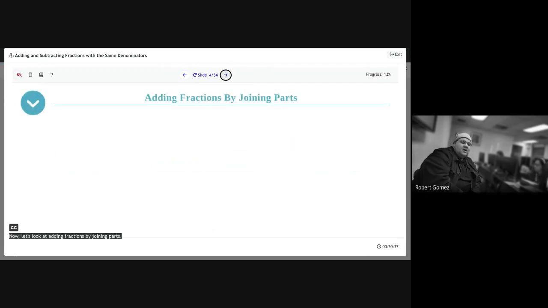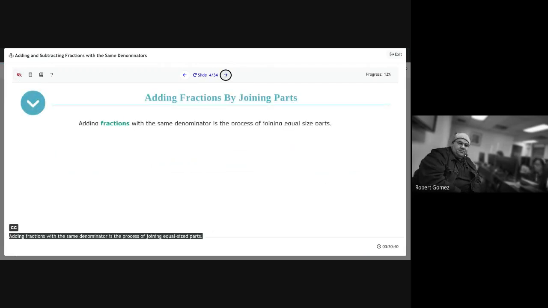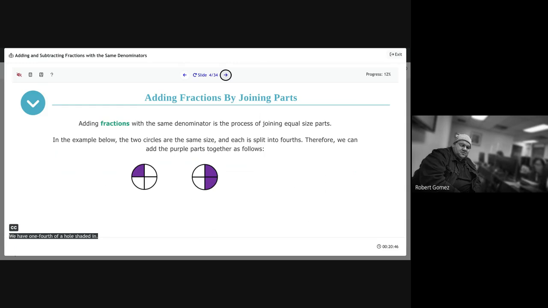So, adding fractions by joining parts. When we add fractions together with the same denominator, no worries here, we're going to start in easy mode. Adding fractions with the same denominator is the process of joining equal-sized parts. It's almost like taking apple slices.